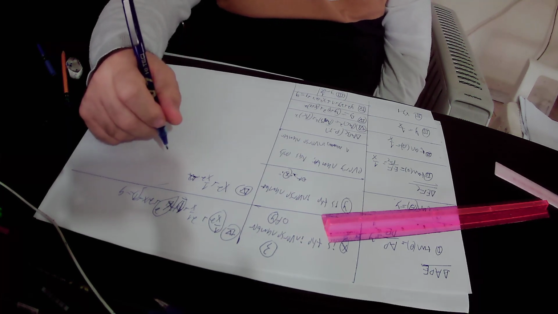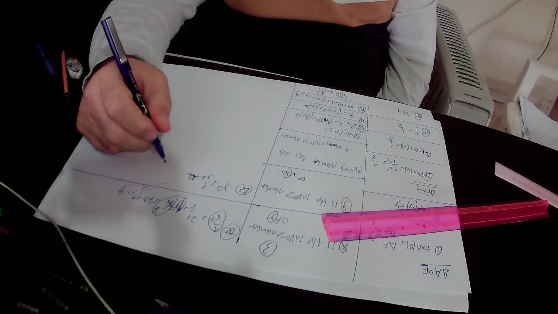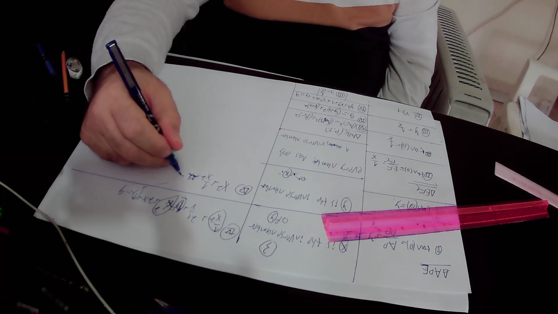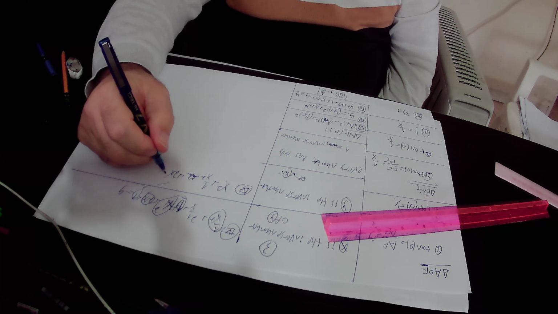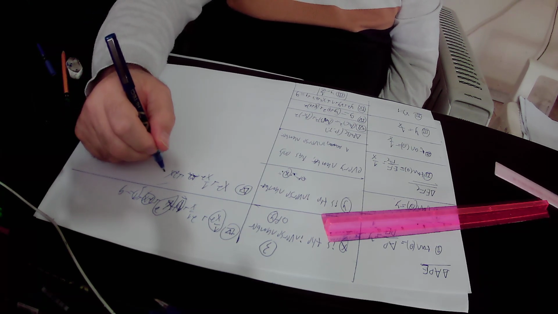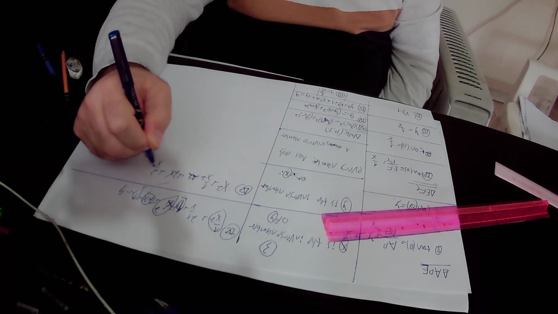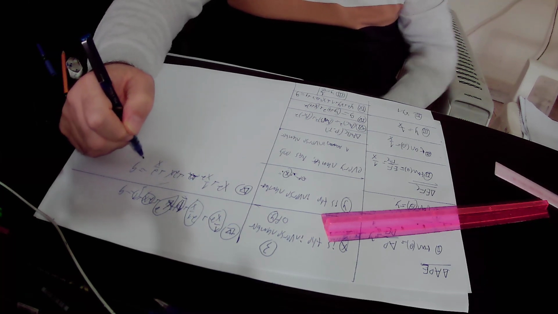So it is plus 2, plus 2x, plus 2 over x, equals 9.